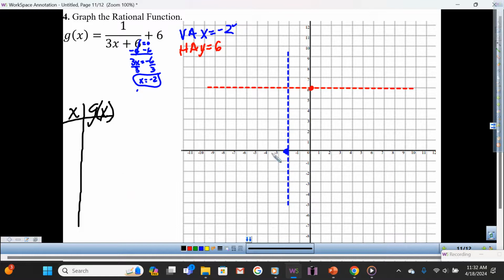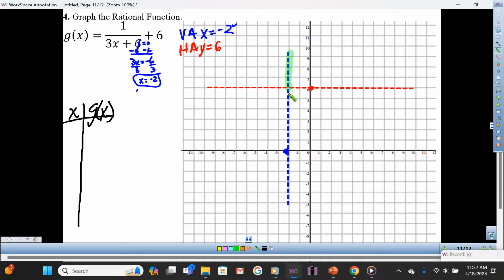All right, how do we get our x values, Jacob? Two to the left and two to the right of the vertical asymptote. That is correct, man. I should give him extra credit.